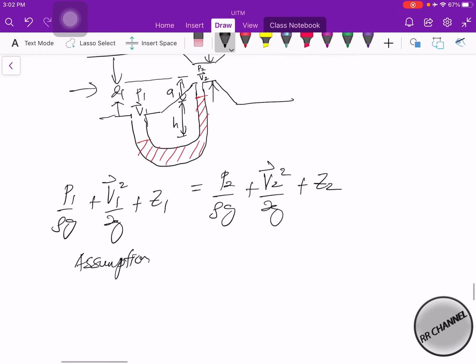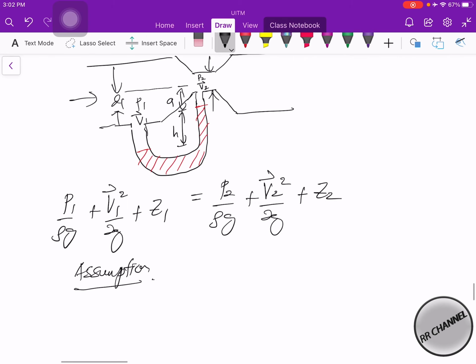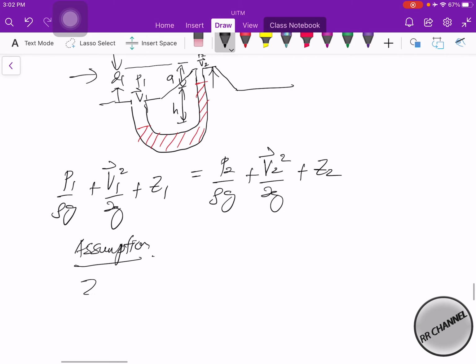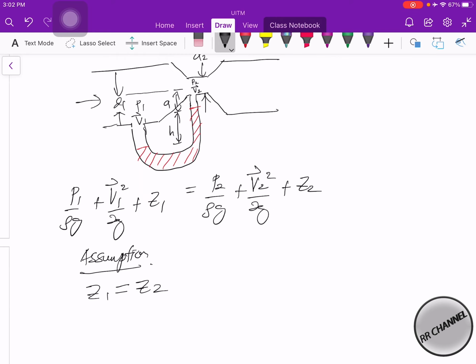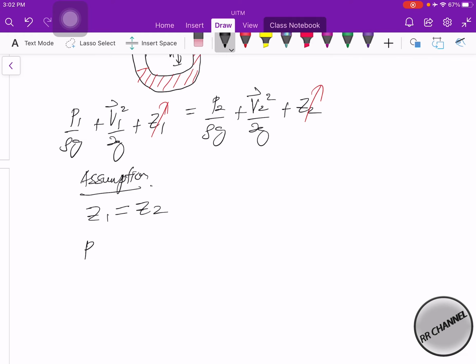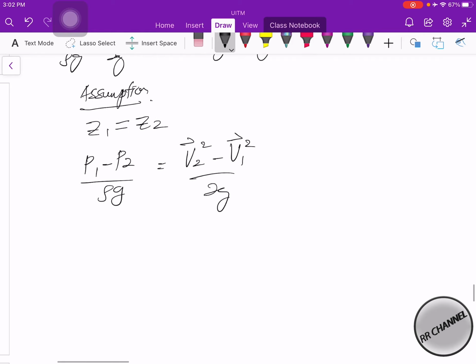However, from this diagram you can see that the level Z1 is equal to Z2, so we can cancel out Z1 and Z2 and arrange the equation: P1 minus P2 over rho g equals V2 square minus V1 square over 2g. So we have 4 unknowns: P1, P2, V1 and V2.